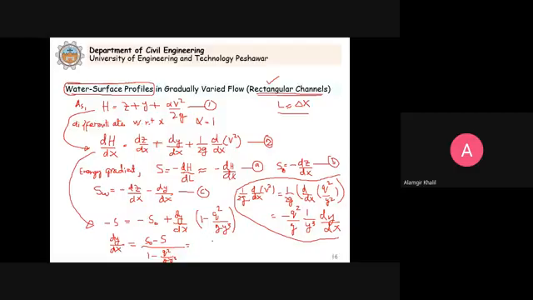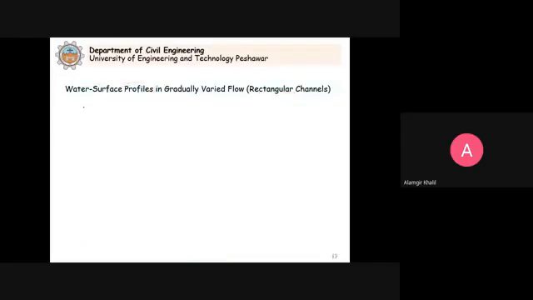Now this S naught minus S is divided by 1 minus V square divided by gy. Now what is this equal to?